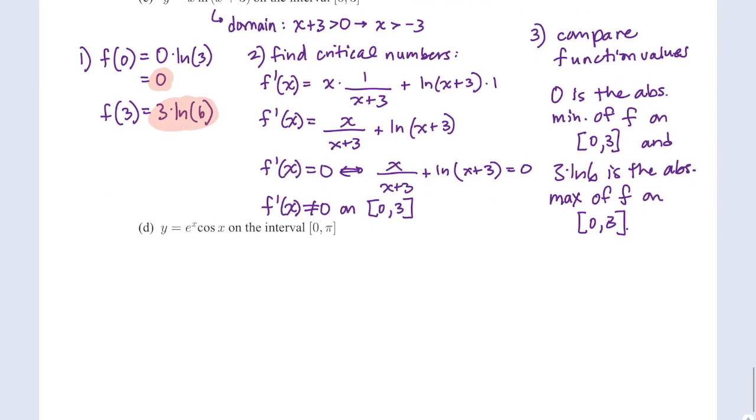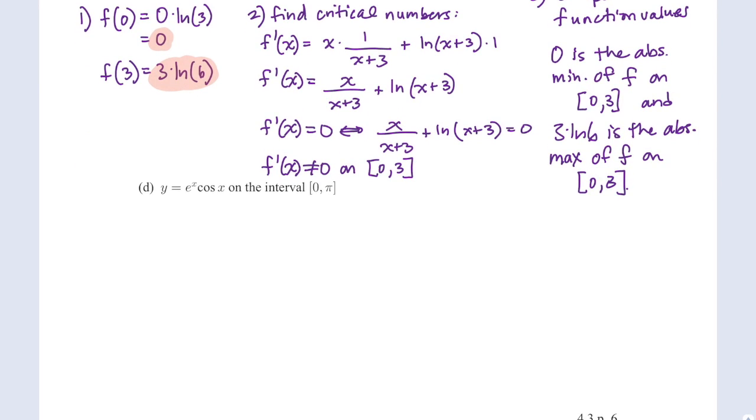All right, last one, y equals e to the x times cosine x on the interval from 0 to pi. So again, we'll start with function values at the endpoints. F of 0 will be e to the 0 times cosine of 0. E to the 0 is 1, and cosine of 0 is 1, so that's just 1.